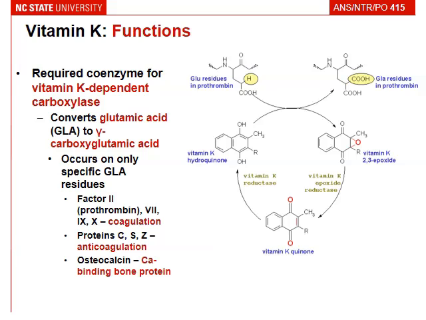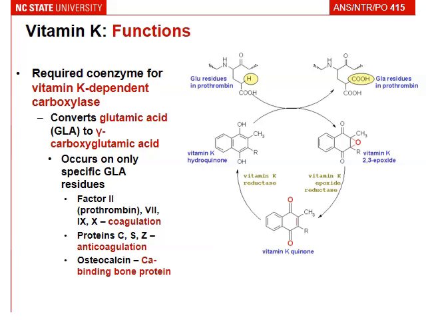That is factor 2, which is also known as prothrombin, factor 7, factor 9, and factor 10. All of these are involved in coagulation. We also have some others, proteins C, S, and Z, and these are involved in anticoagulation.